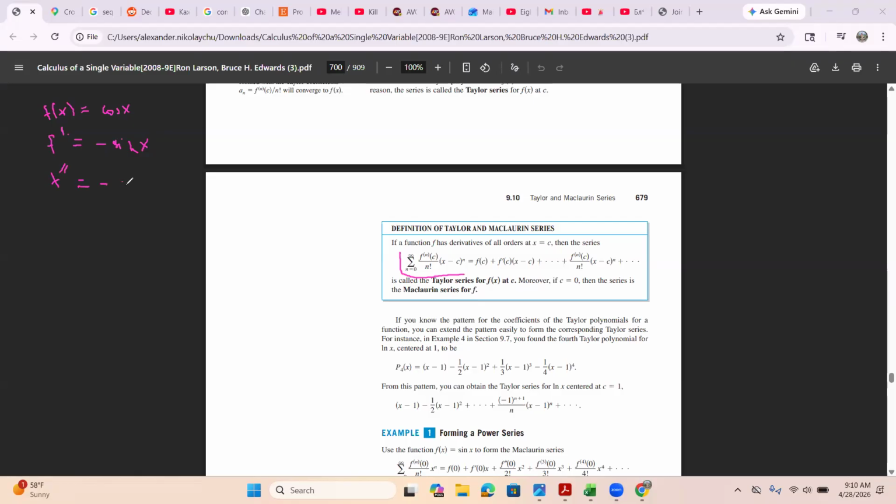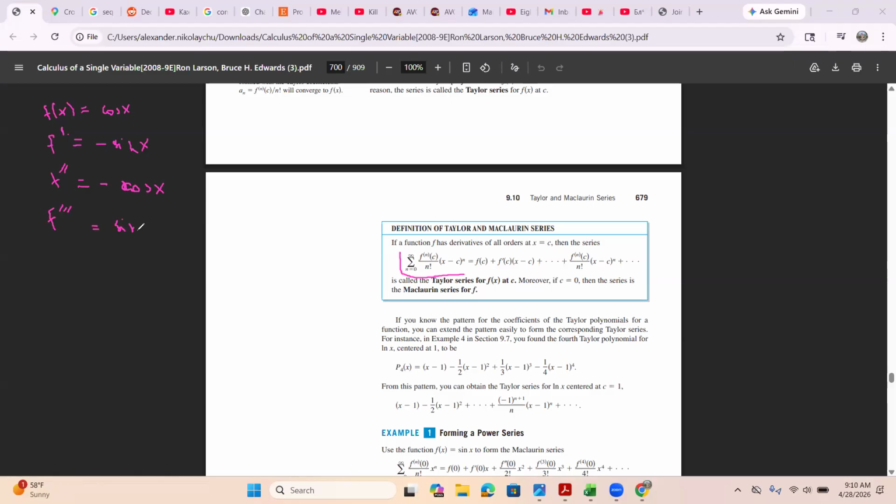I'm not going to do this for a long time. That's actually just 2 more steps, not because I have difficulty writing on this computer, but because it's actually going to stop in a cycle. If you take the third derivative, it is the derivative of negative cosine, which is positive sine.